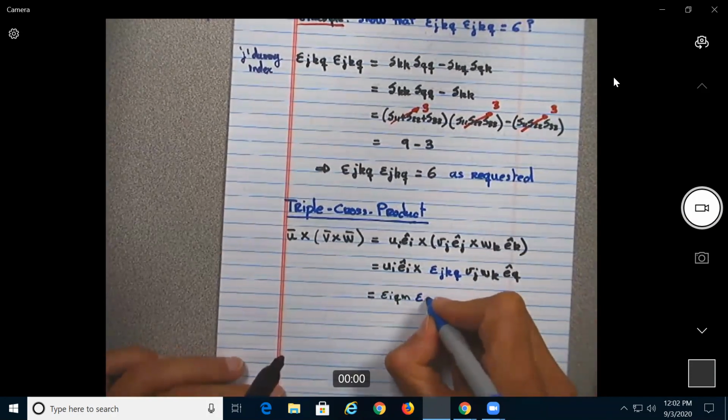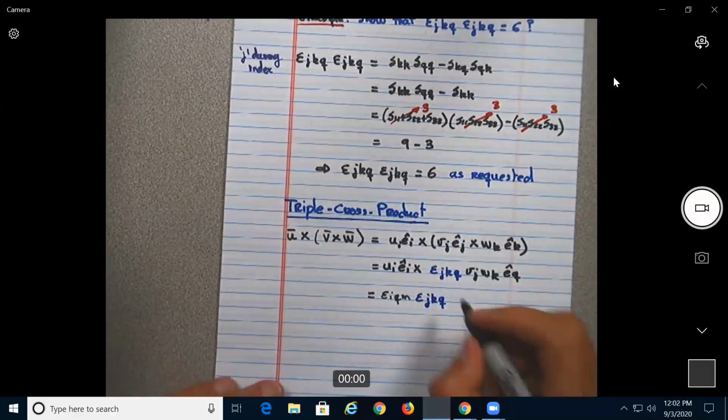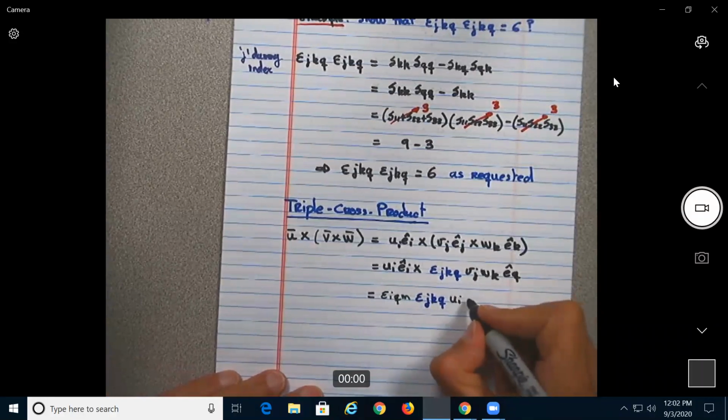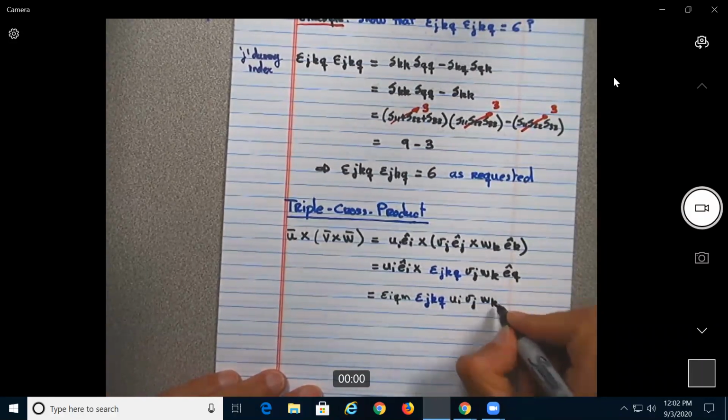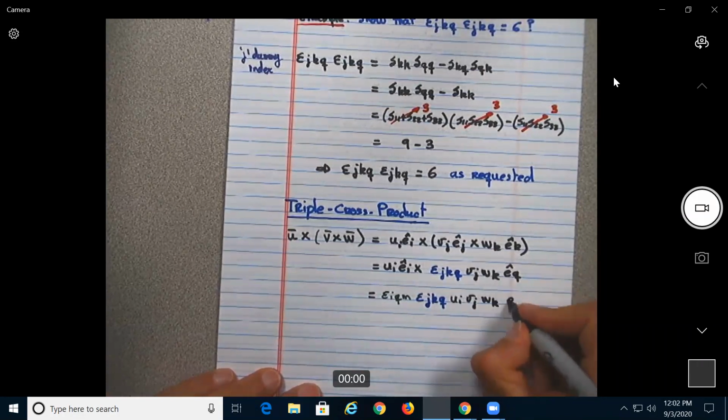Epsilon J K Q of U sub I, V sub J, WK, and now we have EI cross EQ. That should give us EM.